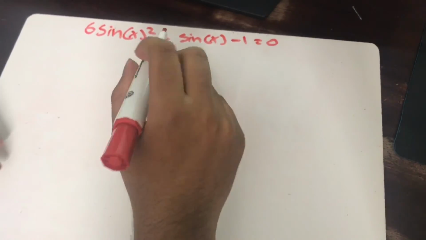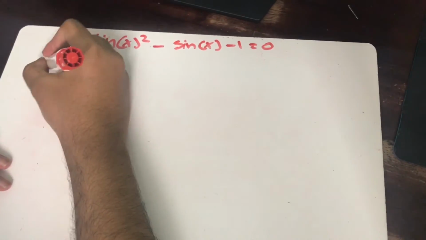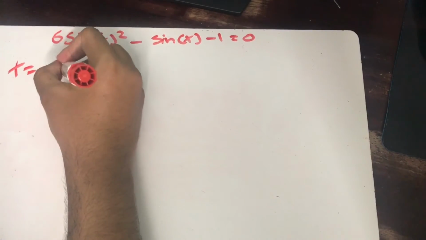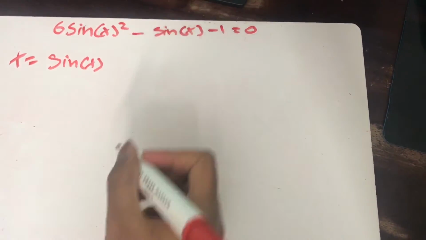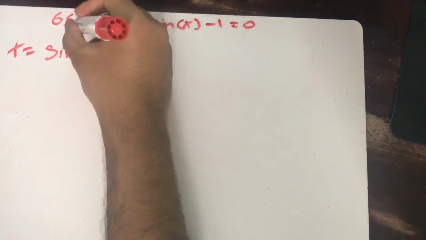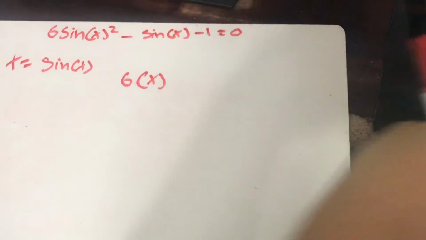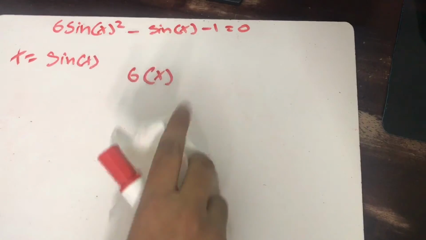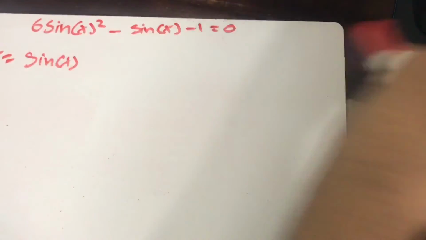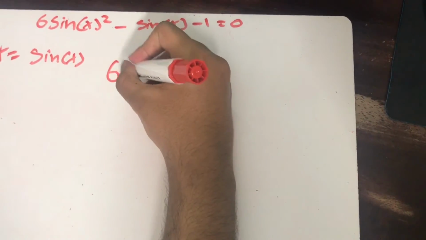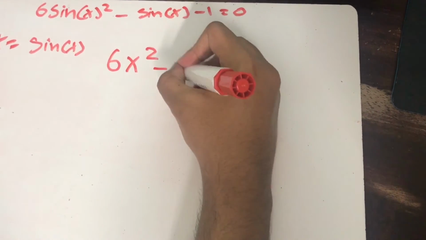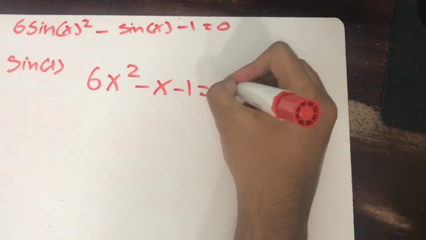So first, I'm going to let x be sine of x, just to solve this. So I'm going to rewrite the whole thing as 6x squared minus x minus 1 equal to 0.